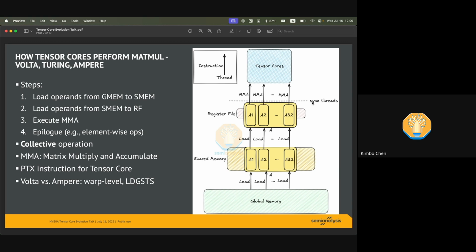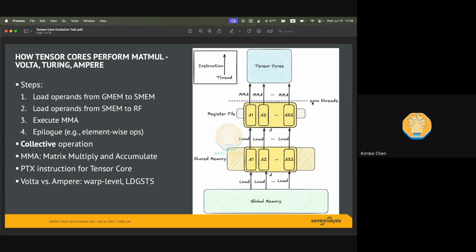The second difference is that Ampere is able to load data from global memory to shared memory in an asynchronous fashion. Asynchronous execution is a very important feature for NVIDIA GPUs that we will see a lot more later. We'll also explain what it does and why it exists later in the talk.